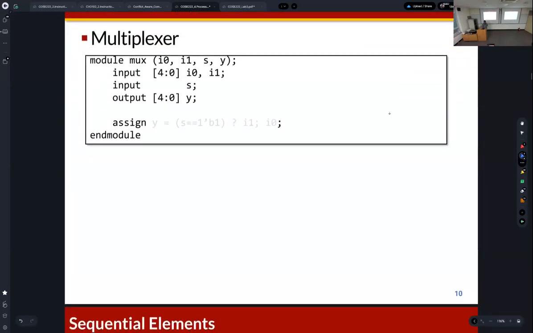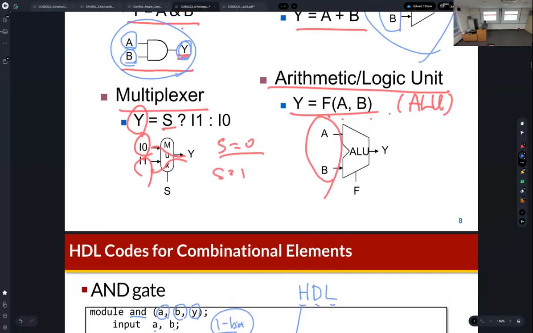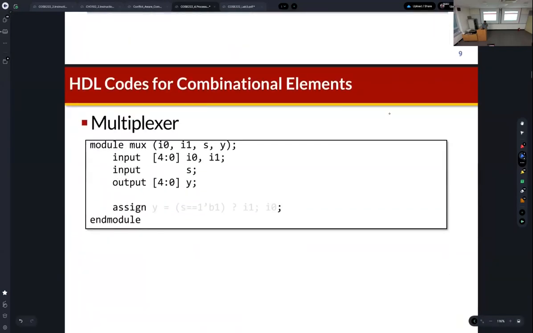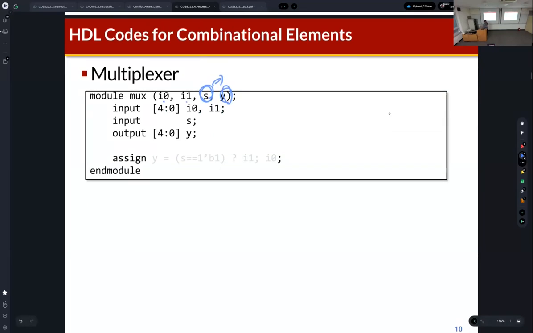Now the multiplexer. The multiplexer has three inputs, including the selection signal, and one output: I0, I1, and S. You can implement the multiplexer like this. Here I0 and I1 are the data inputs, and S is the selection signal, then the output Y. In this example, the input ports are also multi-bit ports.